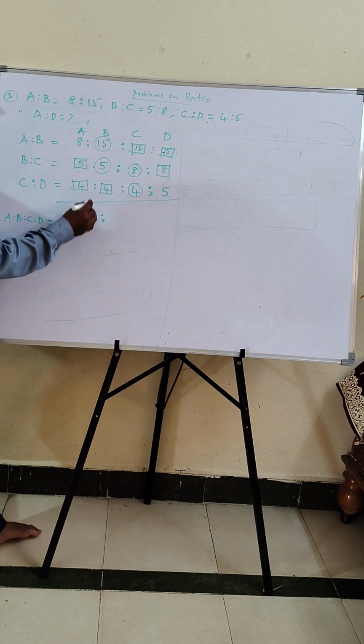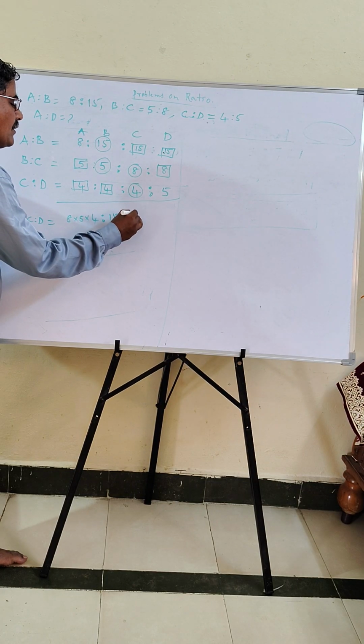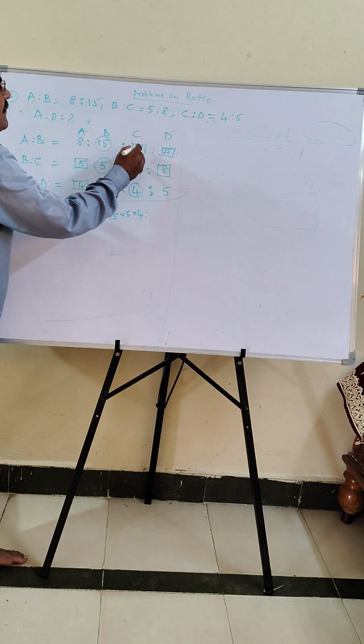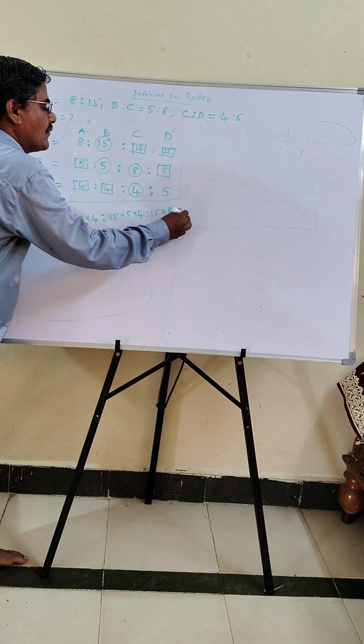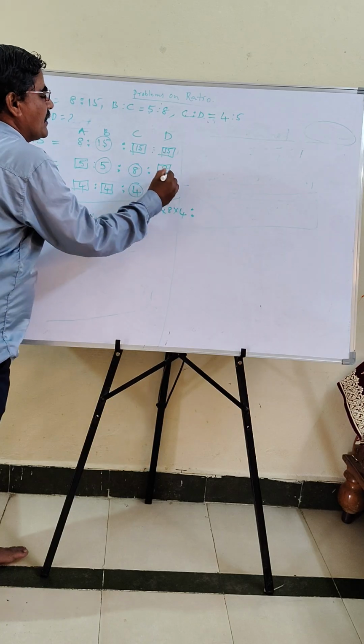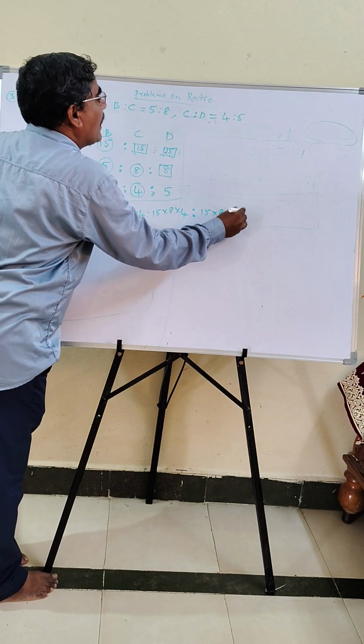Therefore, A is to B is to C is to D equal to 8 into 5 into 4 is to 15 into 5 into 4 is to 15 into 8 into 4 is to 15 into 8 into 5.